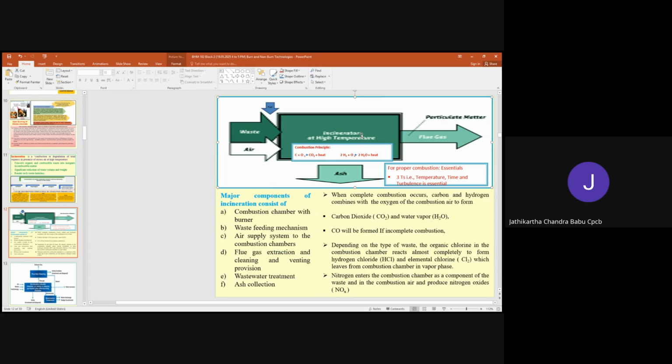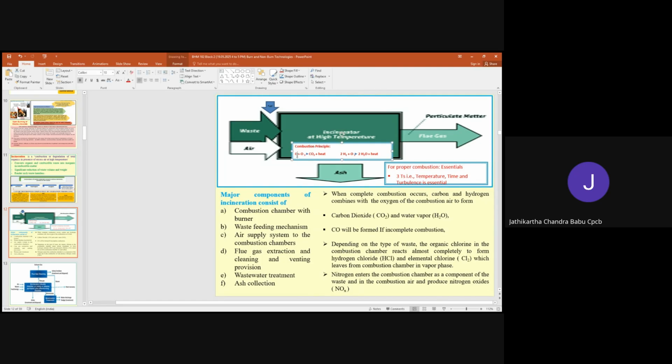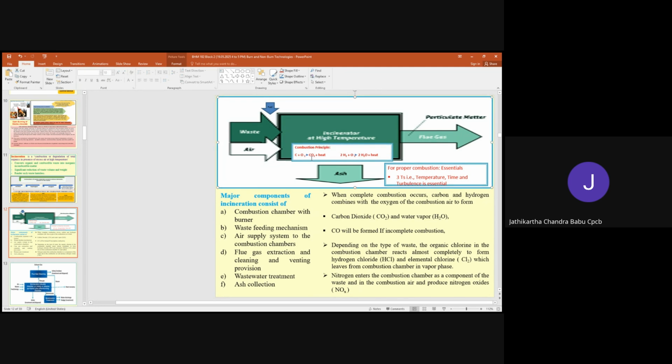In the process, heat is generated. In the incinerator process, when heat is generated from any combustion, it is called an exothermic process. Therefore, waste is nothing but carbon content, and you are converting this waste in the presence of oxygen. Kindly remember this equation. You can expect this.